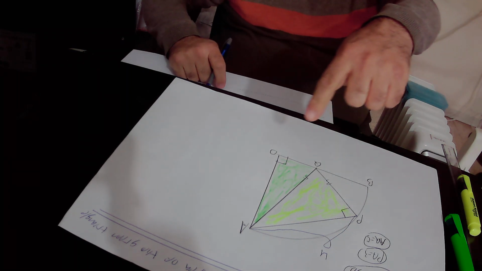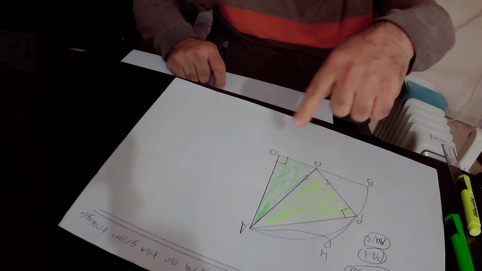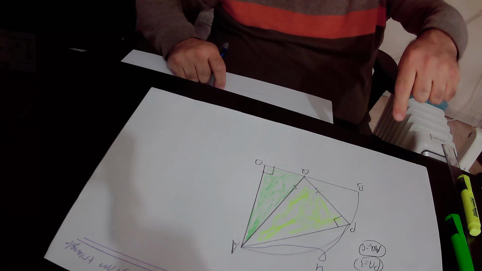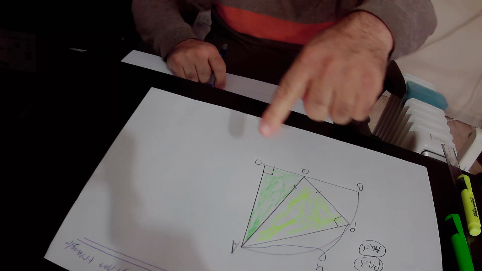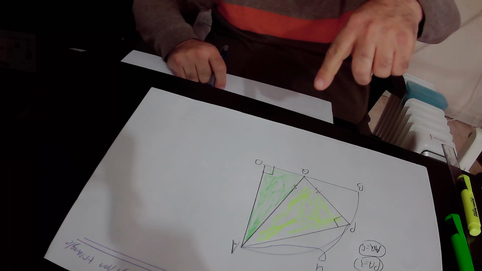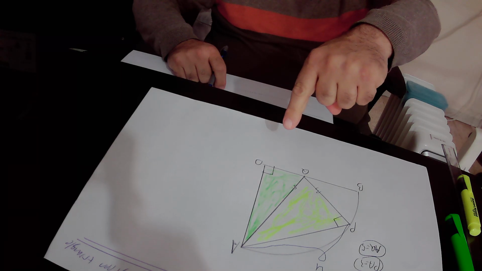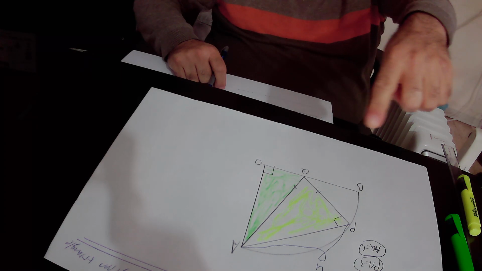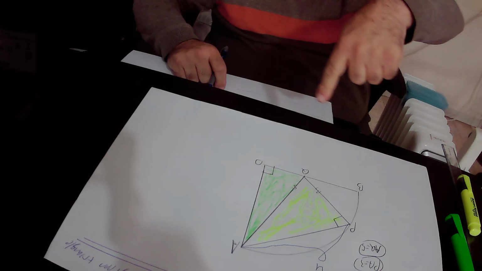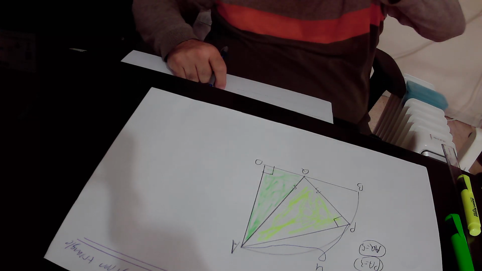Here, AOB is a quarter circle. You can easily complete the quarter circle to a circle, and then point O will be the center of the circle.